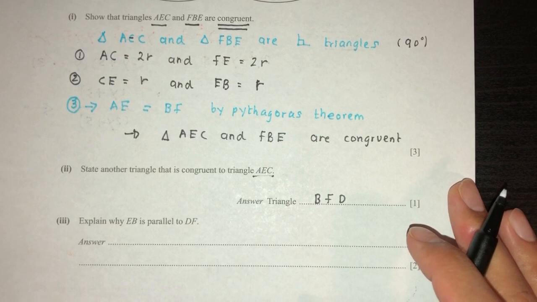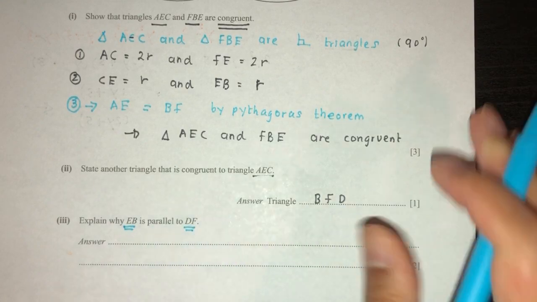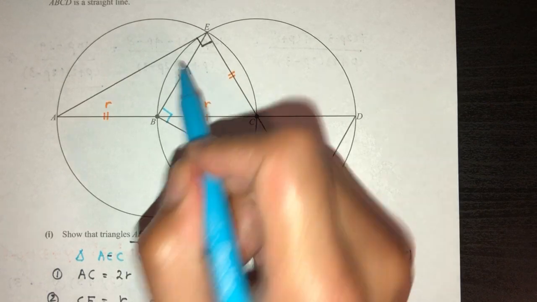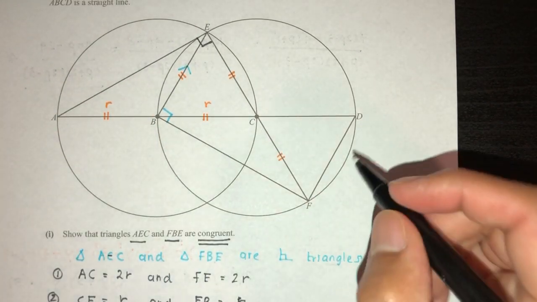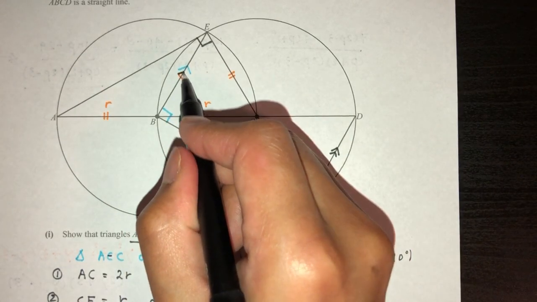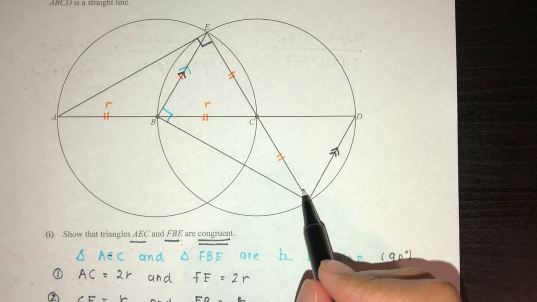Now part 3, explain why EB is parallel to DF. So first let's find out where are those 2 lines. Why EB, this one, is parallel to DF. So why are they parallel? So pretty easy, because these 2 angles are 90 degrees.